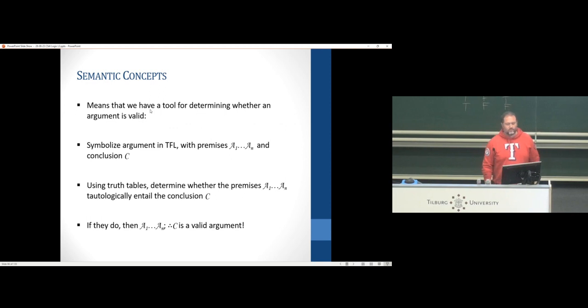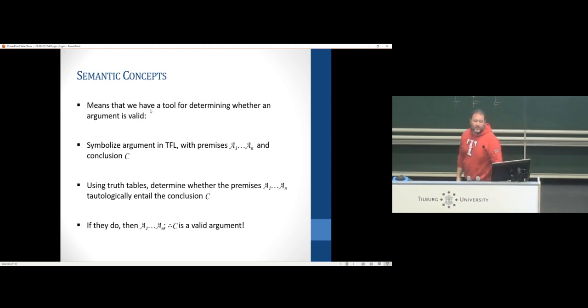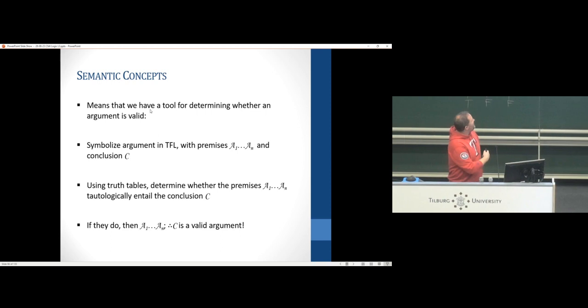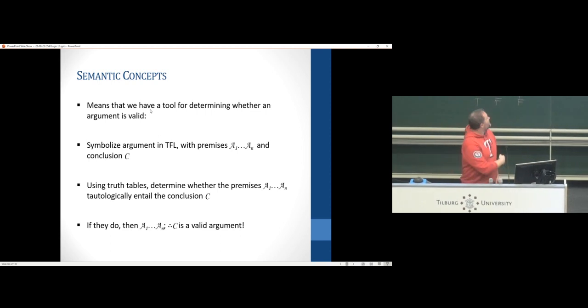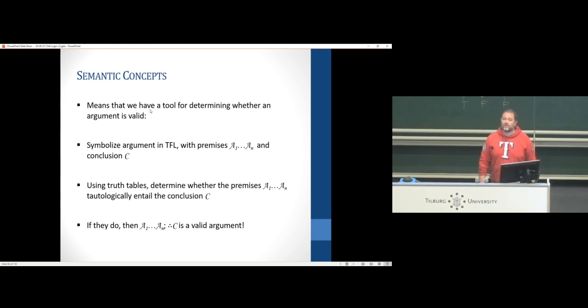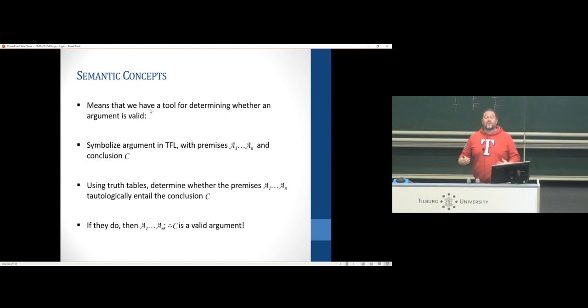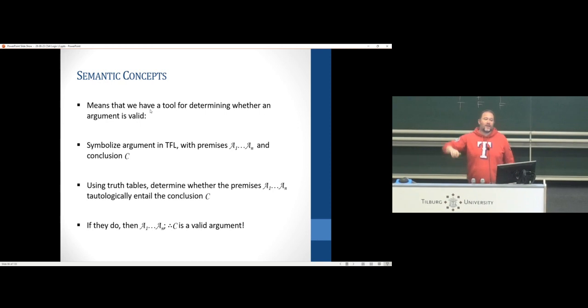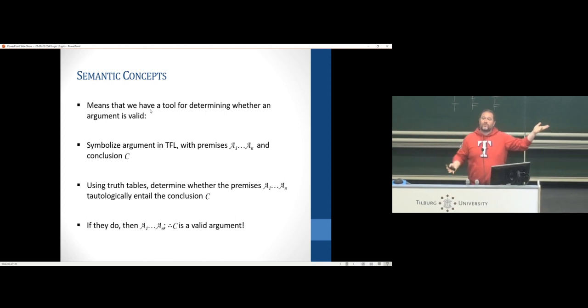Okay. So we have a tool for determining whether an argument's valid. We symbolize the argument into TFL. We use tables to determine whether the premises tautologically entail the conclusion. And if they do, hey! And if they don't, we have the model that shows where they fail. We know when the argument fails. Why is it invalid? Because I can make these sentences true in this way, and this conclusion false in this way, and the premises are all true and the conclusion false.